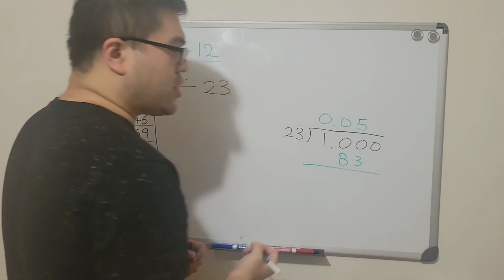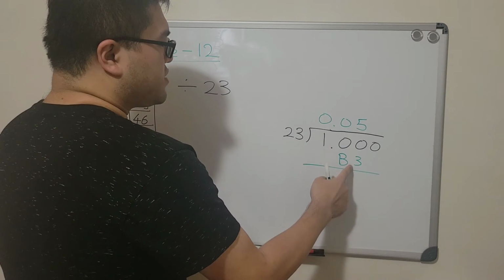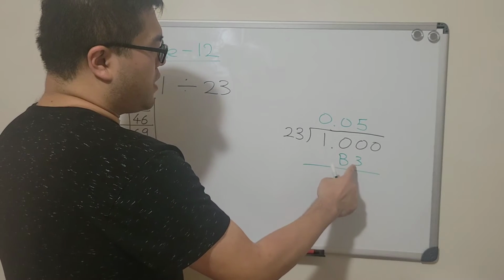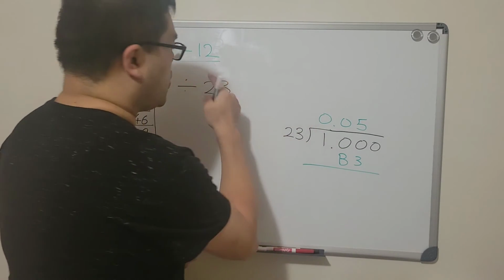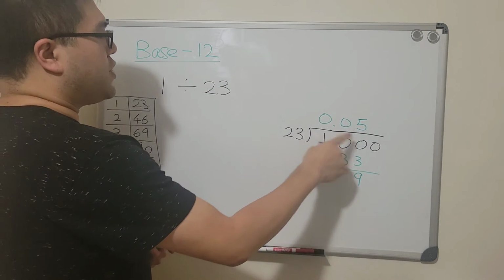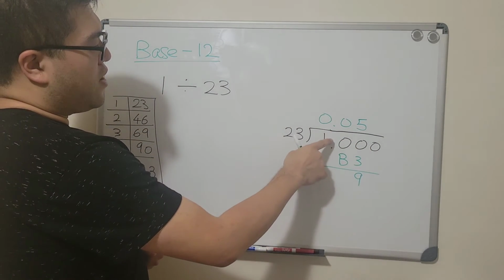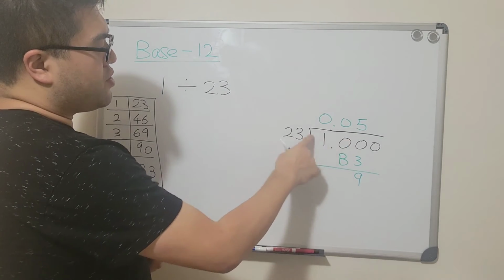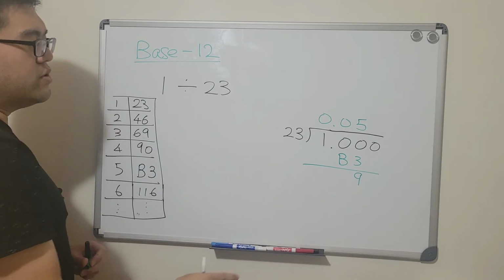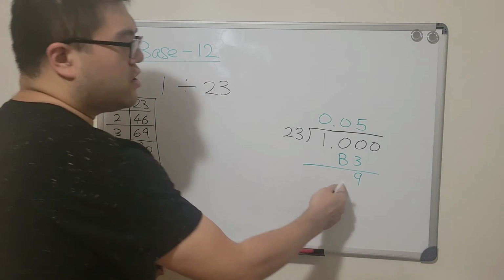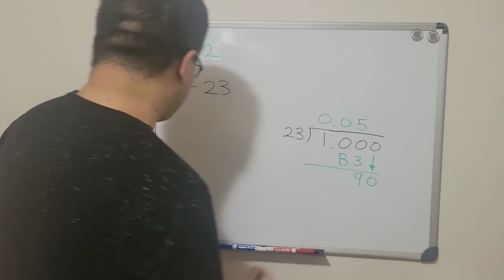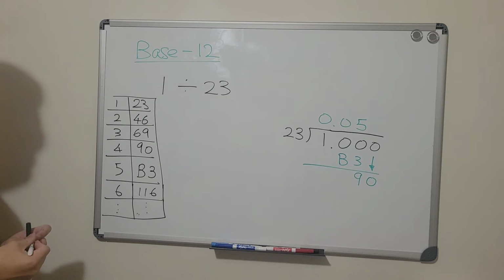If we do our subtraction, 0 minus 3 is not enough, so we'll borrow 1. 1, 0 minus 3 in base 12 means 12 minus 3, giving us 9. Since we borrowed 1, now instead of 1, 0, we just have B. B minus B is 0, so this is the remainder so far. And now we carry the 0 down to finish our calculations.